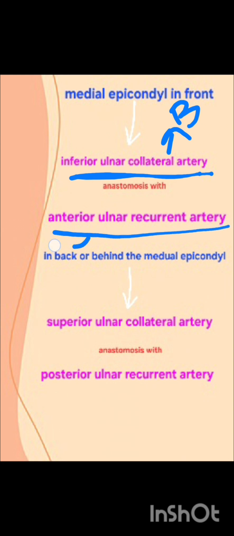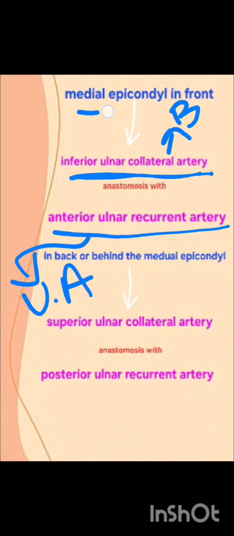So this is the branch of ulnar artery. So first anastomosis in the medial epicondyle, that too in front, is the inferior ulnar collateral artery anastomosing with the anterior ulnar recurrent artery. This inferior ulnar collateral artery is a branch of brachial artery. Anterior ulnar recurrent artery is a branch of ulnar artery.